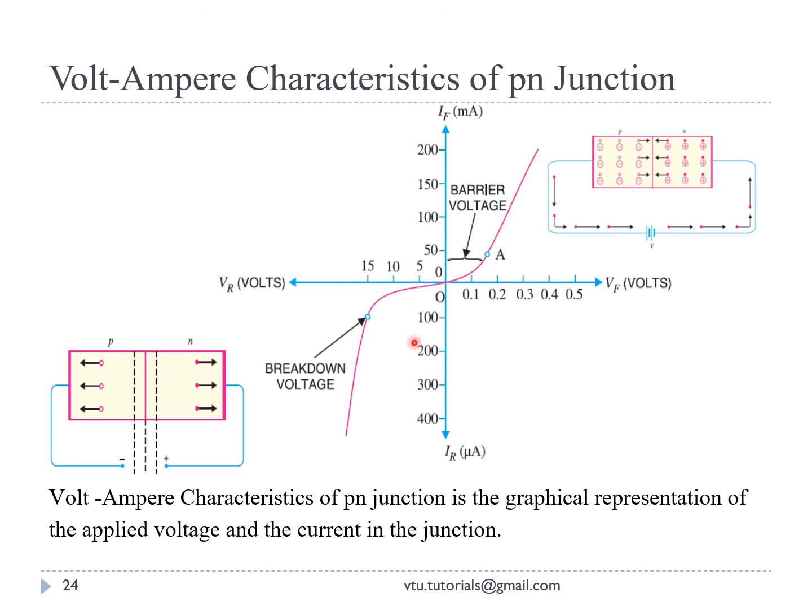These free electrons and holes are called minority carriers, and the applied reverse bias appears as forward bias for these carriers. Hence, a small current flows in the reverse direction.